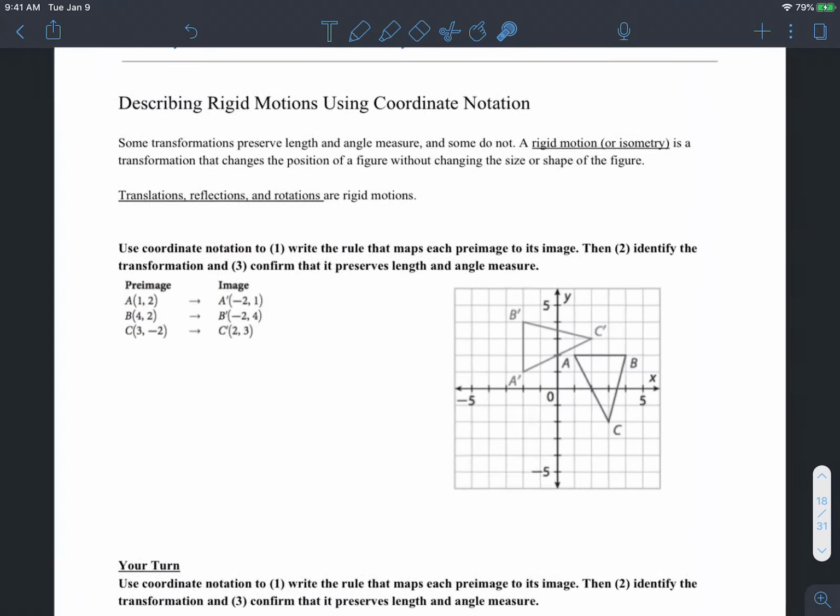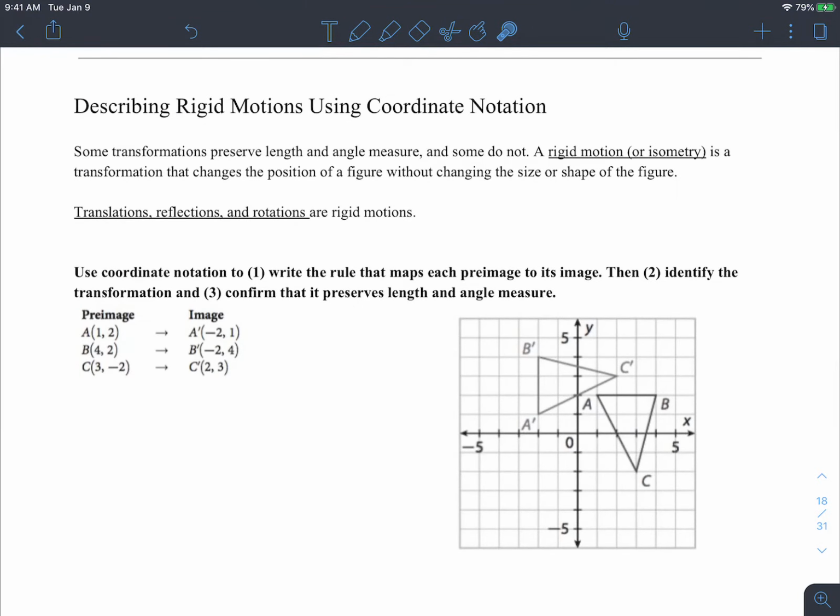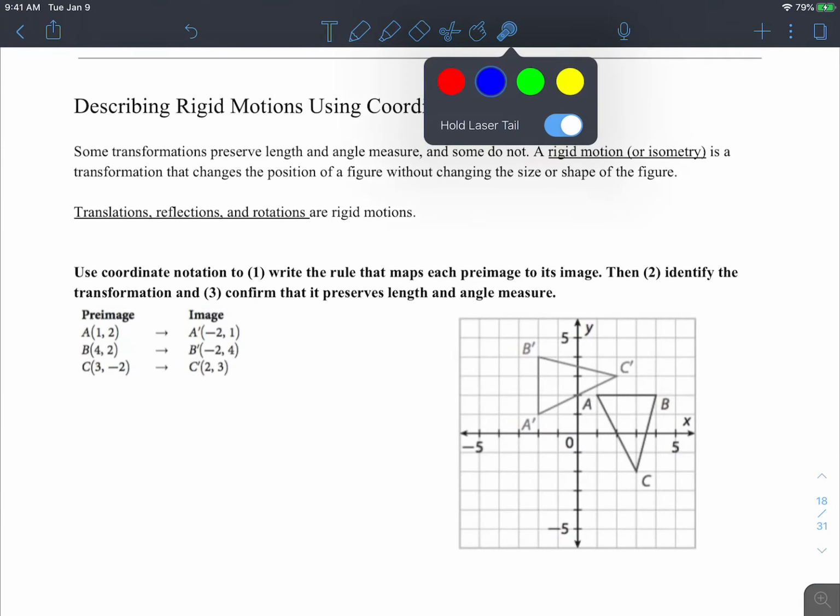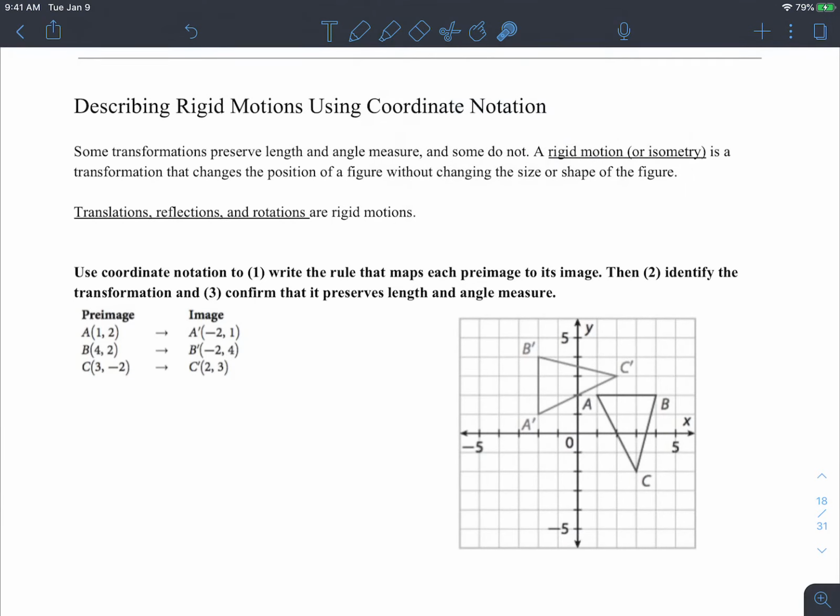So I'm going to be describing a rigid motion, right? So what's going on here? All right. So what is exactly a rigid motion? Okay, a rigid motion or isometry is a transformation that changes the position of a figure.